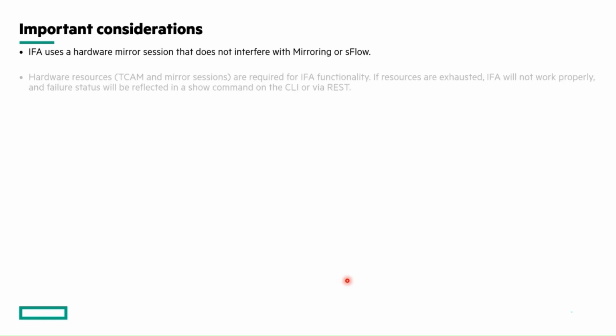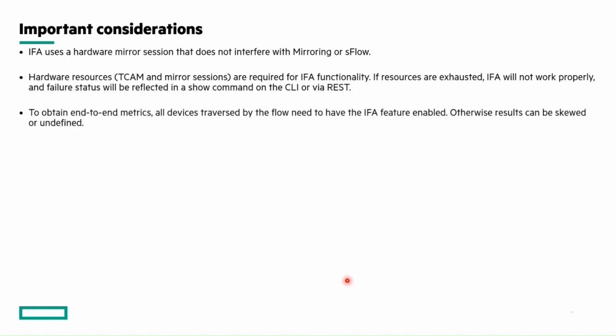Once again, hardware resources, TCAM and mirror session, are required for IFA functionality. If resources are exhausted, IFA will not work properly and failure status will be reflected in the show command on CLI or via REST. To obtain end-to-end metrics, all devices traversed by the flow need to have the IFA feature enabled. Otherwise, results can be skewed or undefined.